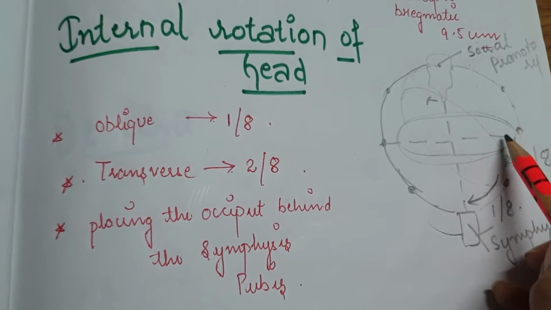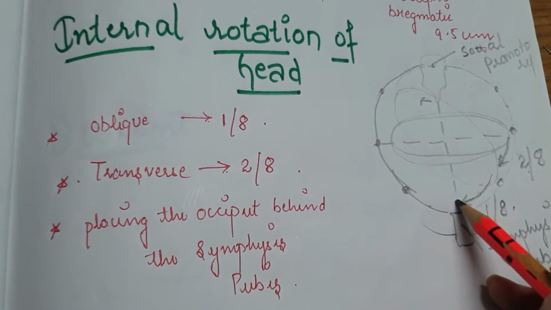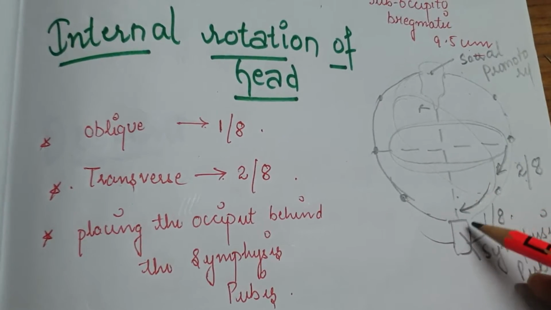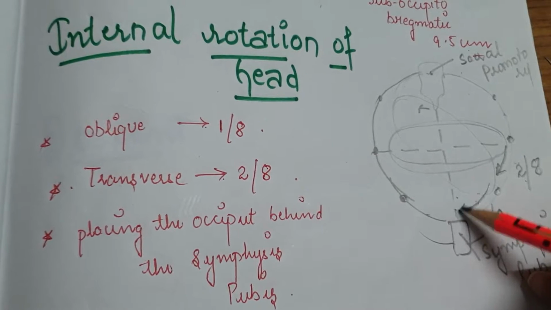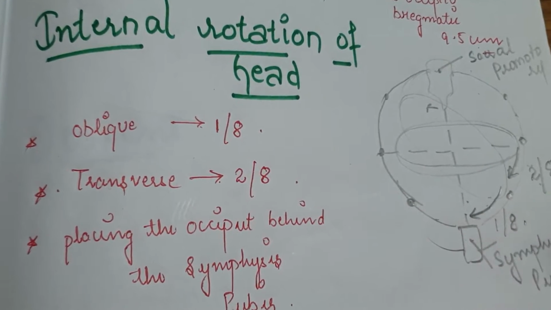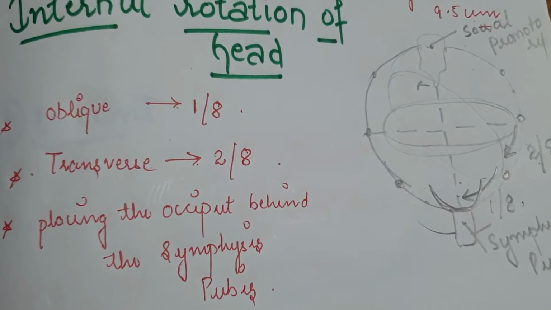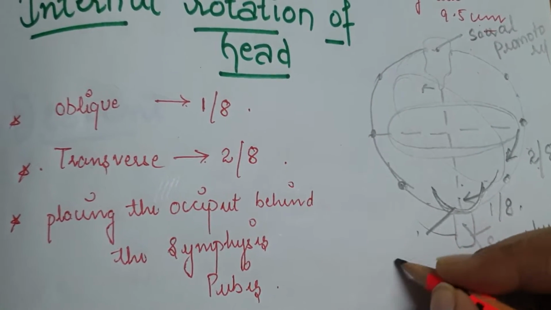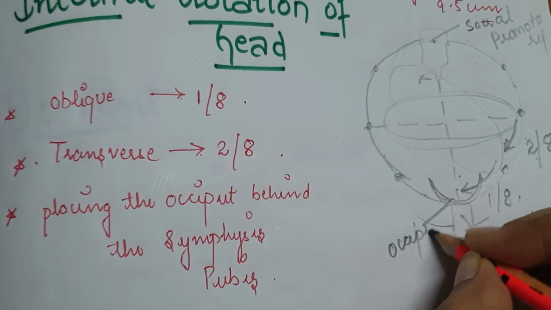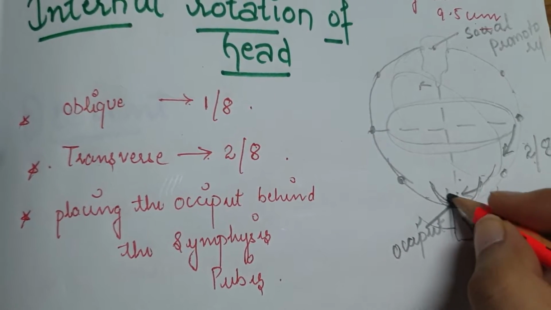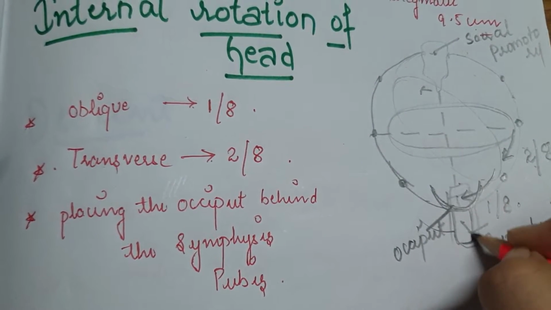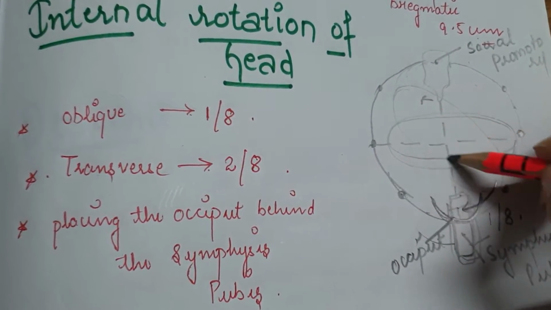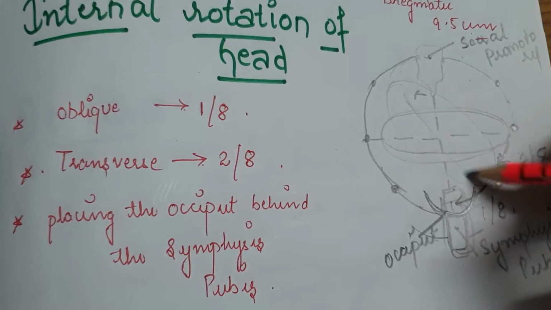So after there is an internal rotation, the occiput of the head lies behind the symphysis pubis. Like this, the head, that is the occiput, lies behind the symphysis pubis, while the other body lies in the same.